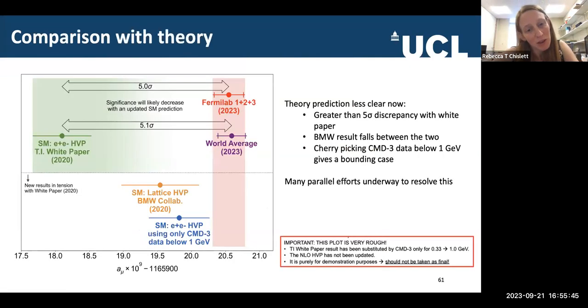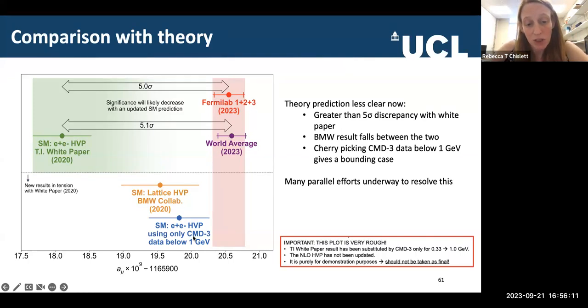So then to compare with theory, as I mentioned, the theory is a bit more complicated at the moment, and they're working hard to work out where these discrepancies come from, which is interesting in itself. If we compare to the white paper, then the result actually has a more than 5 sigma discrepancy.